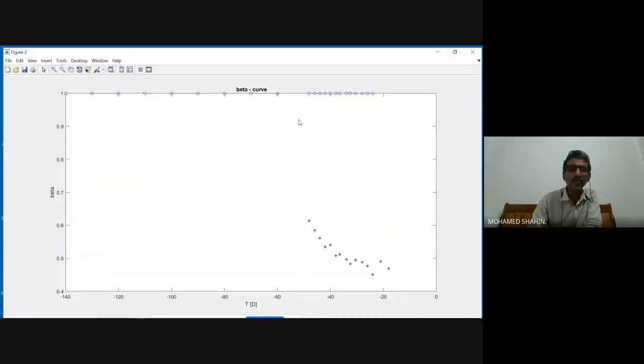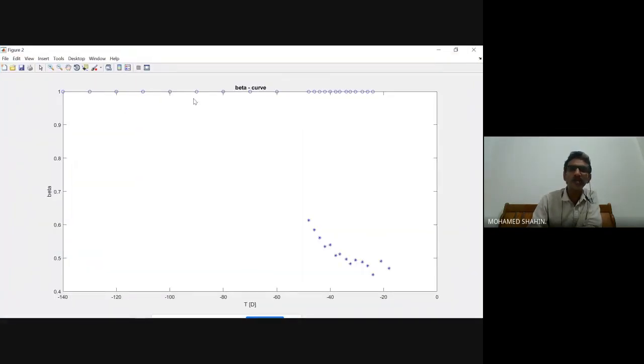Now go to the beta curve. Again, this is the secondary process. For the secondary process, we always set beta to be 1.